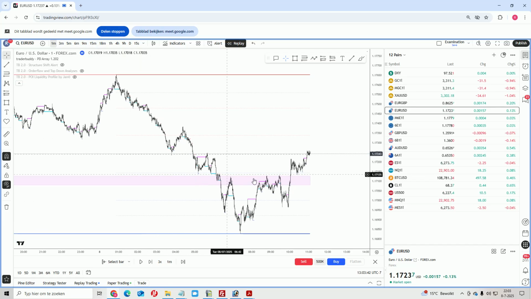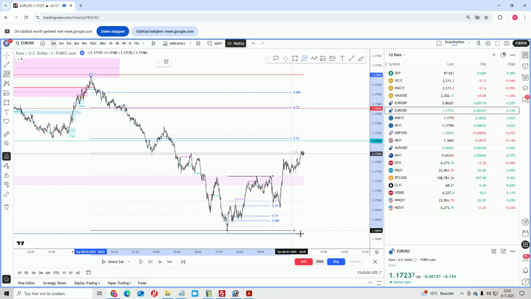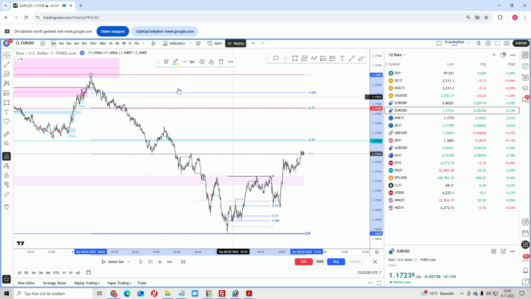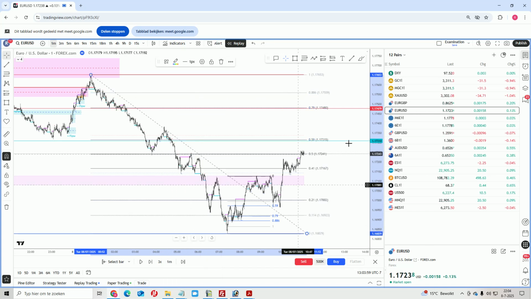Well, you see how sensitive these levels are. So you can use them in your trade setups for extra confluence. Show these, and then we have buy sell zones.